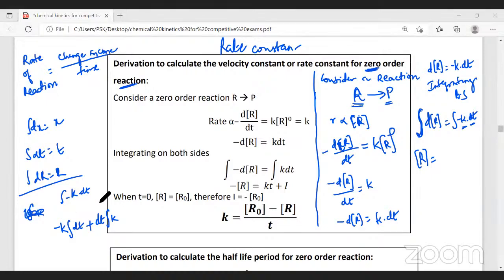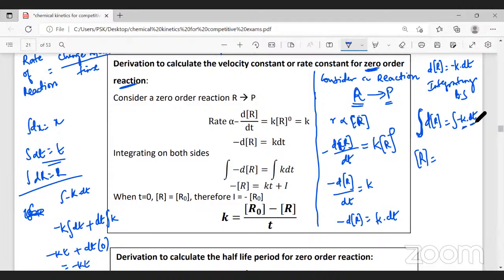Did you follow how I've integrated minus K into dt? This will be equal to minus K into integral of dt, which is t, plus dt into integral of any constant, which is 0. Integral of any constant is 0. So the answer you will get is minus kt.